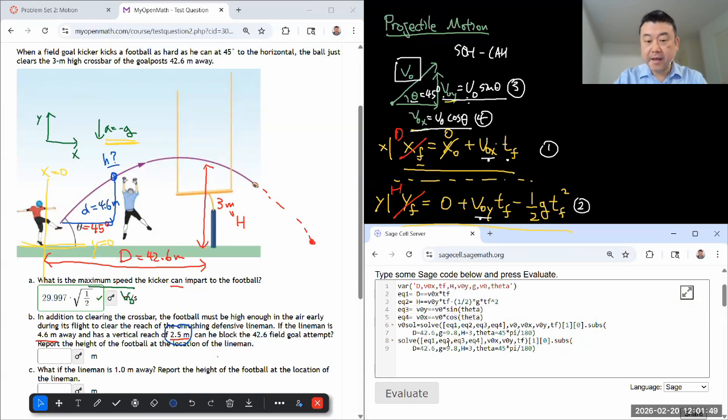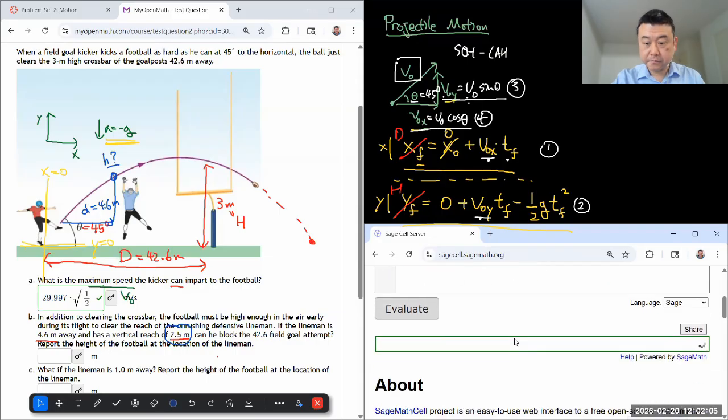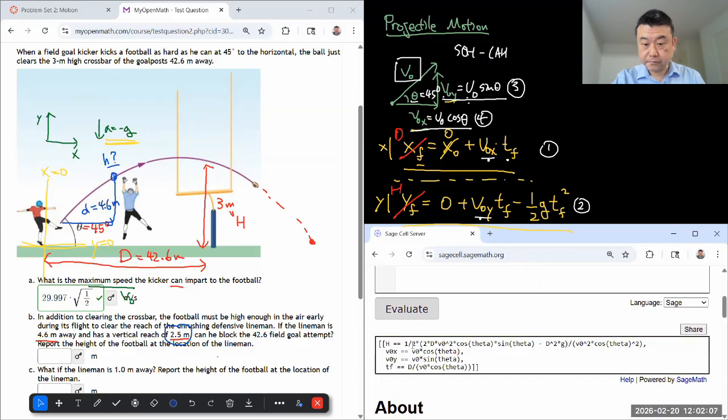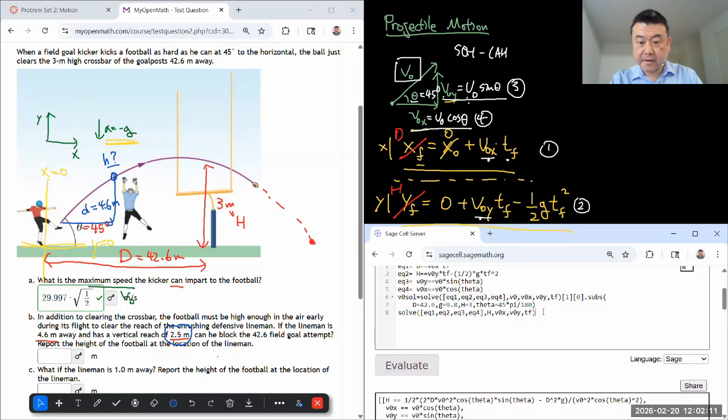And I will say I don't know h. That's what I'm now trying to solve for, and that's the first answer I'll get. So let me put this into my buffer. When I do this solve, it'll give me the solution for h, in terms of all the things I know, and I can substitute in all the quantities.